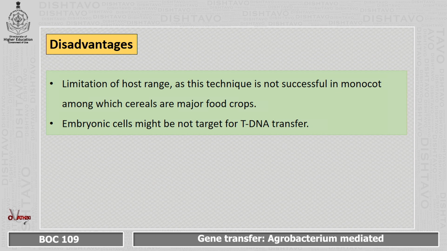So most of the traits which we want to include in cereals, for example higher yield or more quantity of grains, are not possible to insert with Agrobacterium because it infects only dicots. So this is one of the drawbacks of this biological gene transfer method.